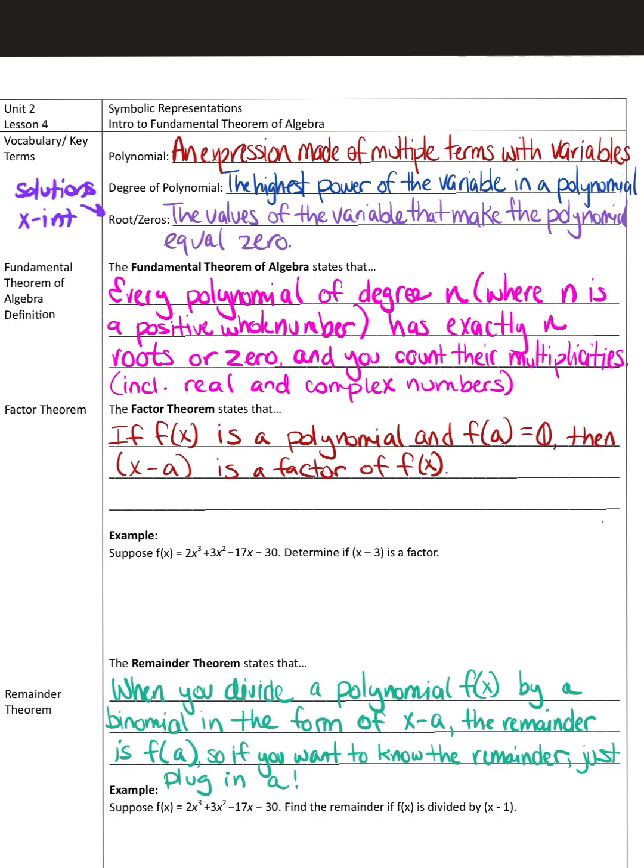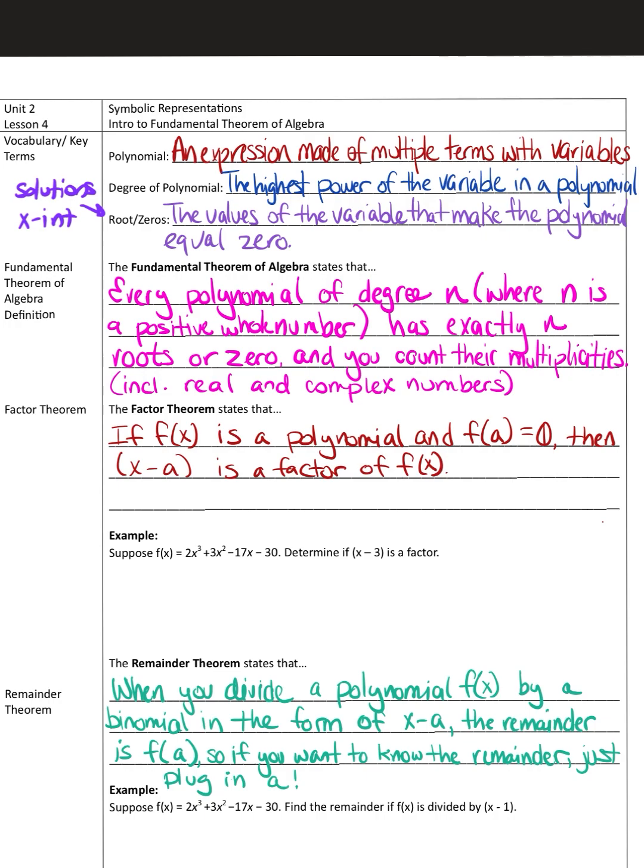A lot of times we forget that when a polynomial is equal to 0, that technically gives us its x-intercept, because y is equal to 0, and f of x is just a fancy way of saying y. So if I plug in this value of x, out comes 0, and that's the meaning of a root or a zero.